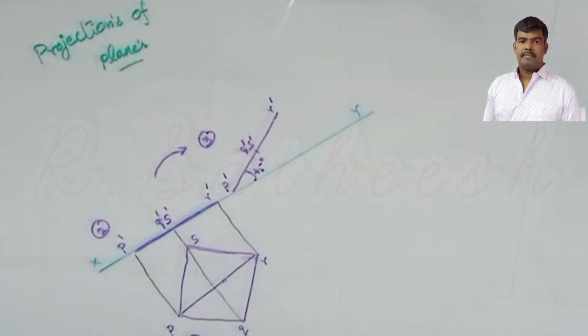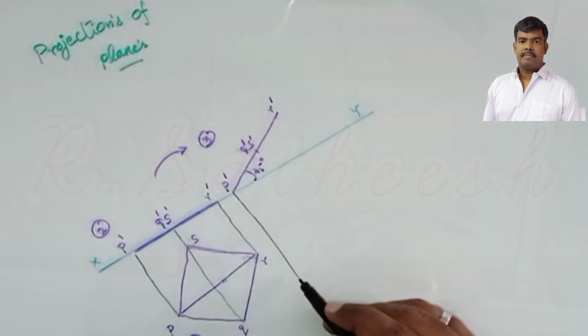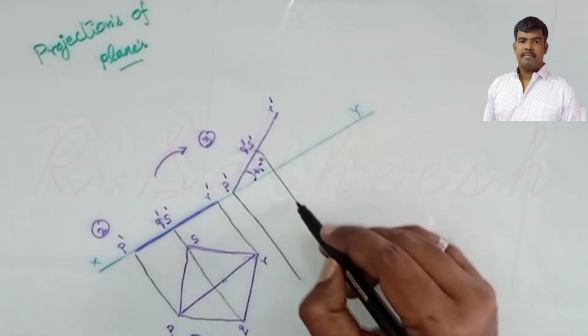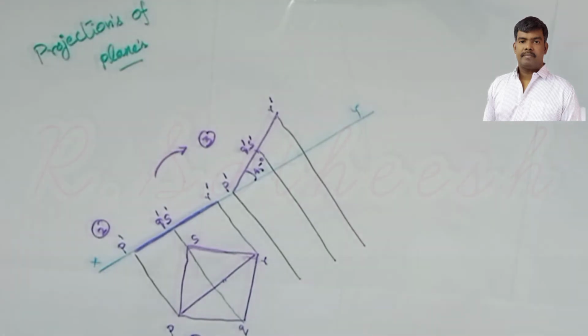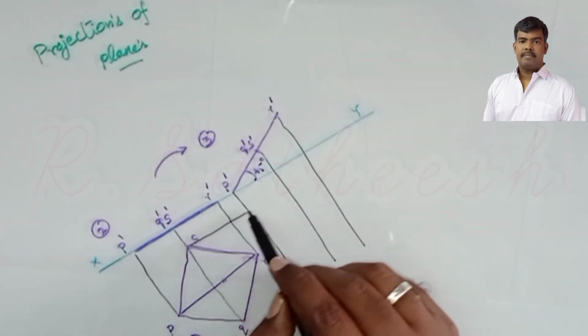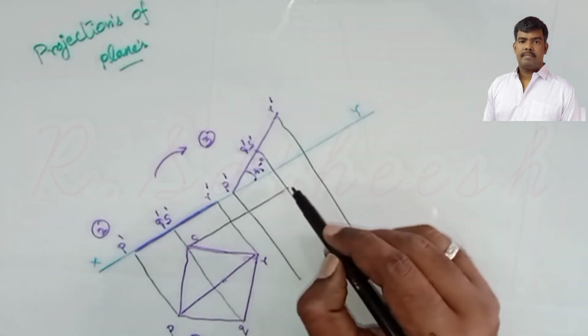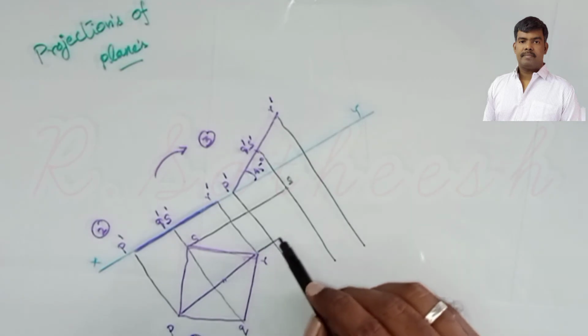Clear? After that, you draw the projection from diagram number 3 towards the top view. Clear? Then from diagram number 1 you draw the projection. So this is the S point projection, S and S intersecting. Next, this is P and R, two in one.